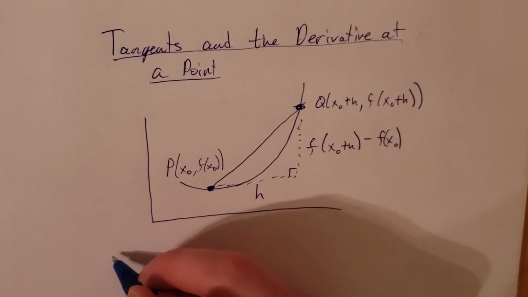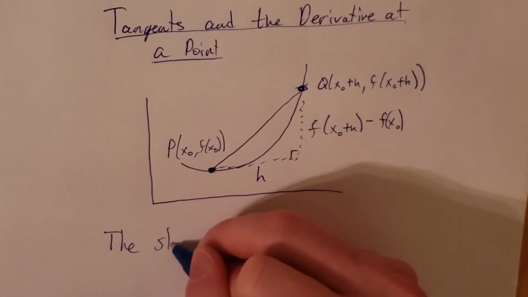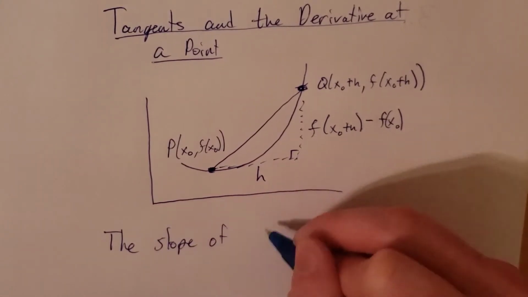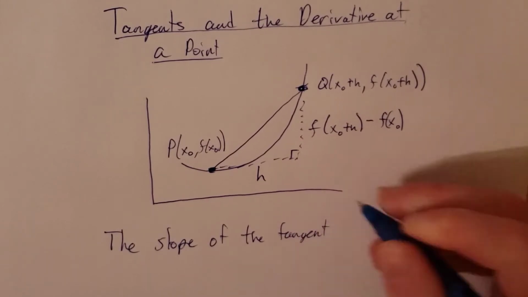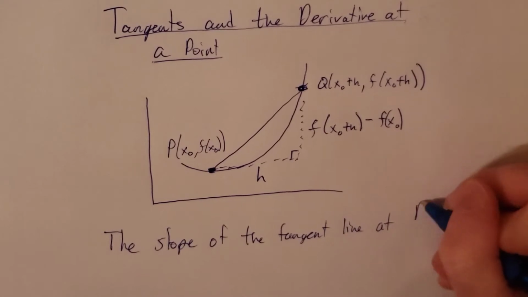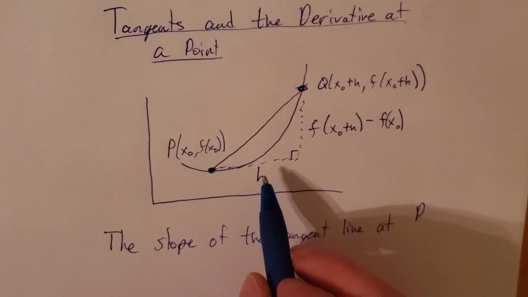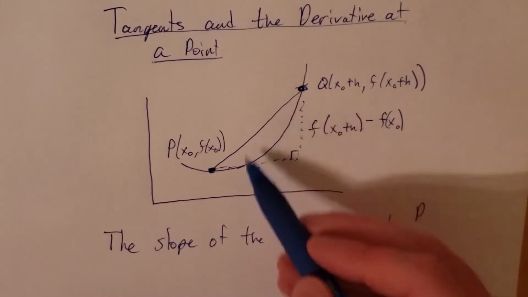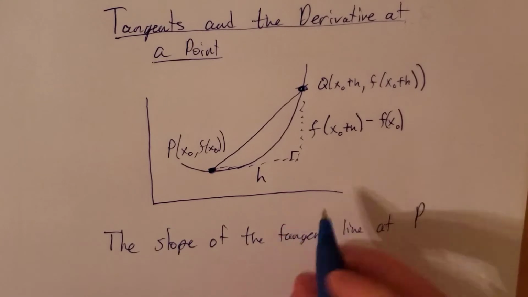So as we've said before, the slope of the tangent line at P is the limit of the average rate of change, the slope of this secant line, as h goes to 0.